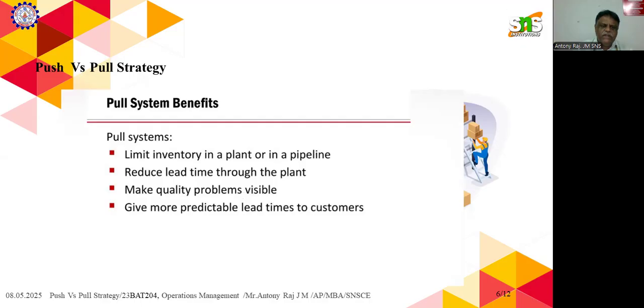The inventory gets limited, the lead time gets reduced, and we can give clear, advance lead times to the customer in terms of when the product is going to reach them.